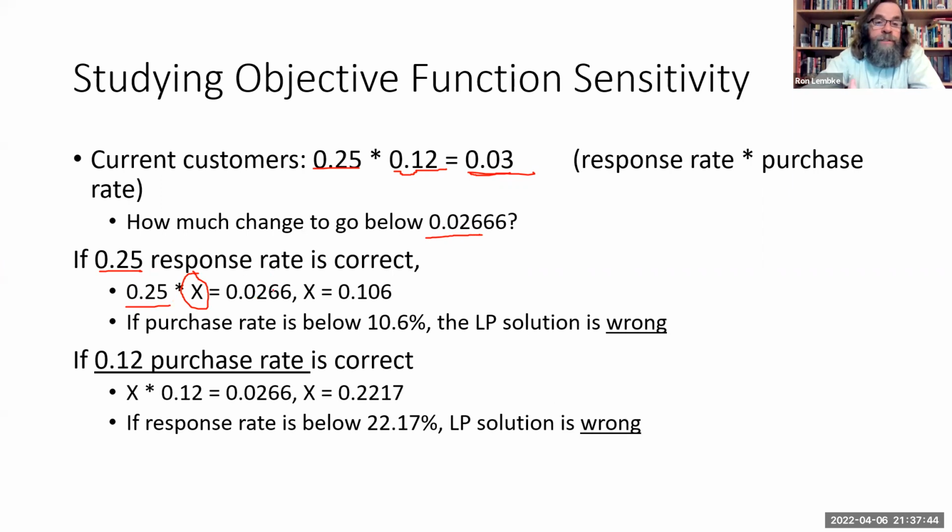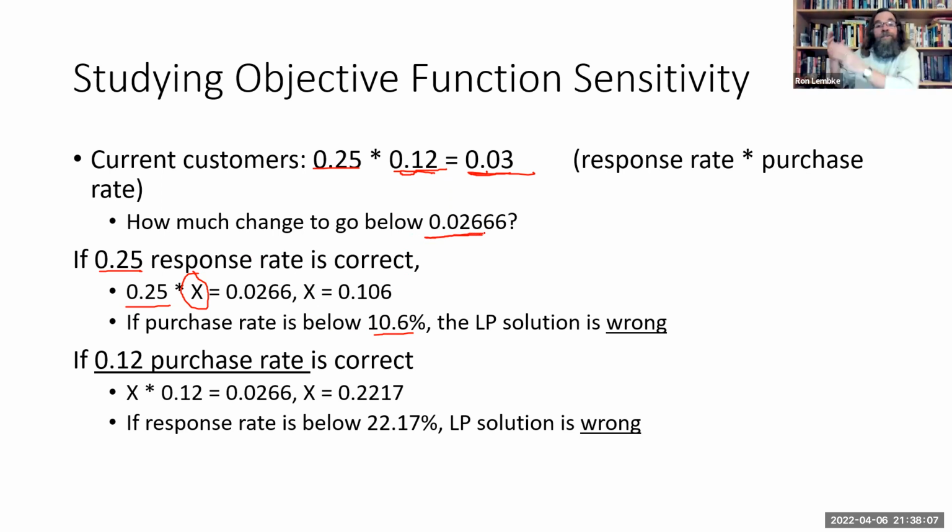If you just solve for X, X is 0.106. So if the purchase rate is less than 10.6% instead of 12%, that means that this 0.03 would be smaller than 0.027. And that means that what we're doing right now is the wrong thing.